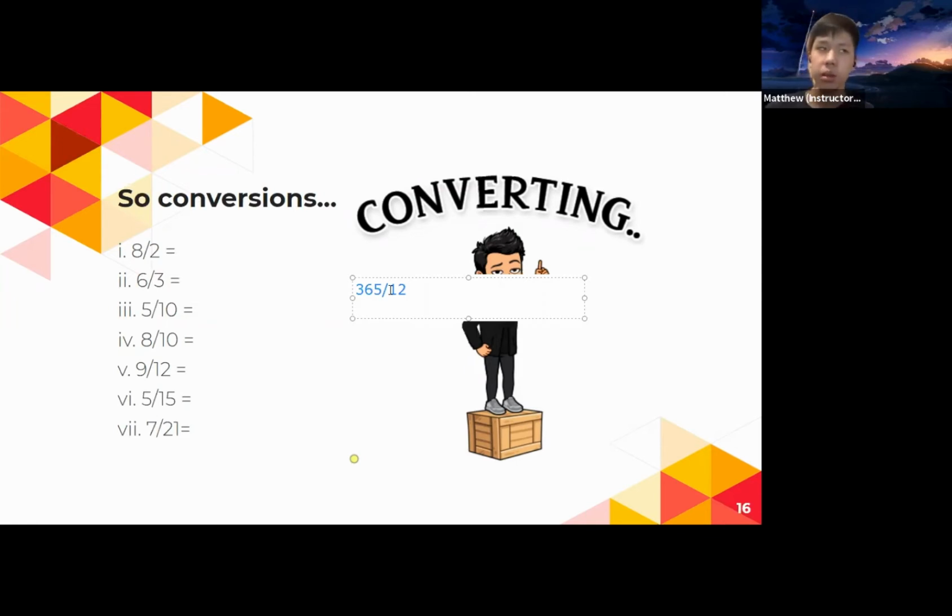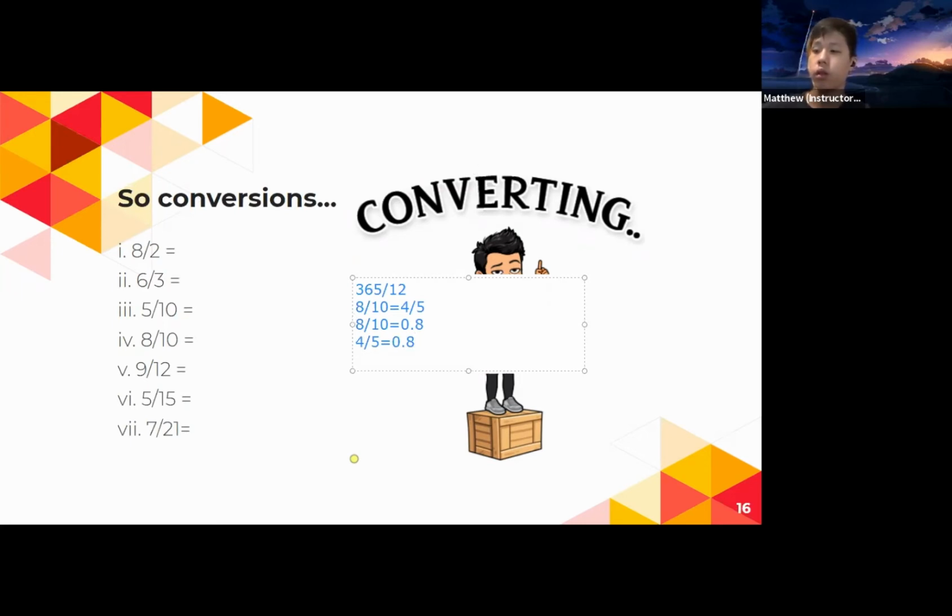So simplified fractions would be like 8 over 10 equals 4 over 5. They both equal the same thing because 8 over 10 is equal to 0.8, while 4 over 5 is equal to 0.8.